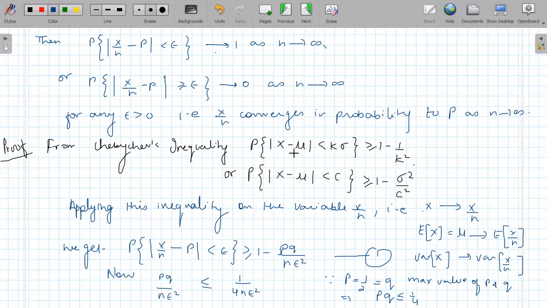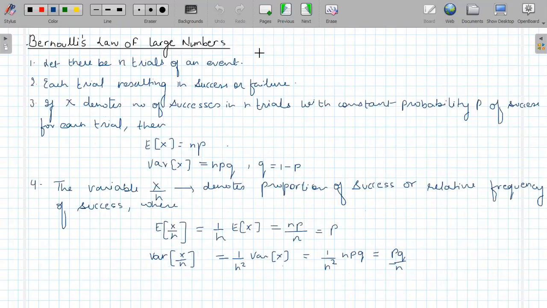So what we will do is use this inequality, but we replace x by x upon n. And this mu is the expected value of x, so we replace mu by the expected value of x upon n. And this is the variance of x, so we replace this by the variance of x upon n. So what we will get: replace this x by x upon n, minus mu, the expected value of x upon n, which we have just found, p.